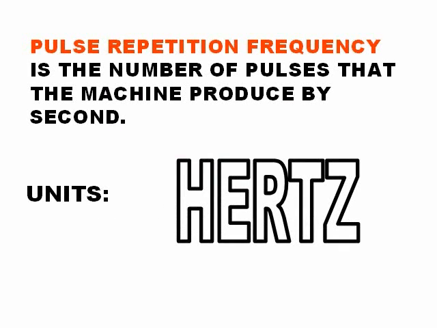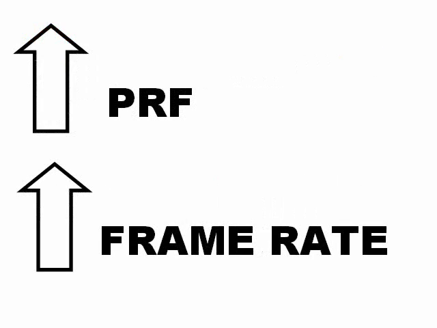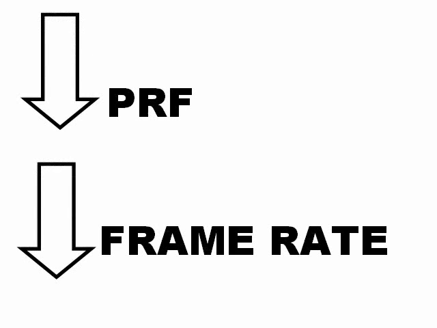Pulse repetition frequency also is in hertz. In general is kilohertz. The higher the pulse repetition frequency, the higher the frame rate. It's directly proportional. The lower the pulse repetition frequency, the lower the frame rate.